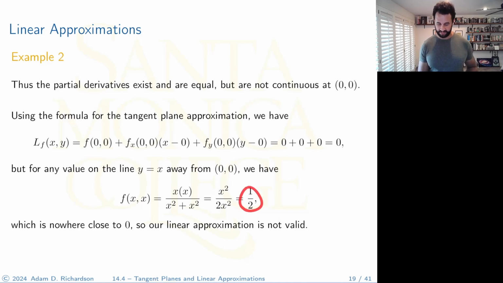But 1/2, relatively speaking, is nowhere even close to 0. So that means that our linear approximation is not valid. There's something that's causing a failure here, and that failure is the fact that the partial derivatives are not continuous.